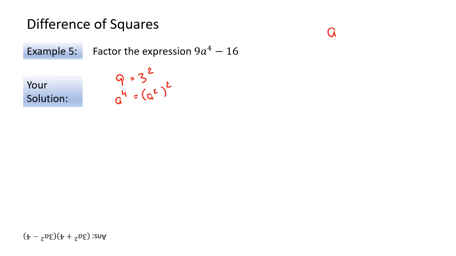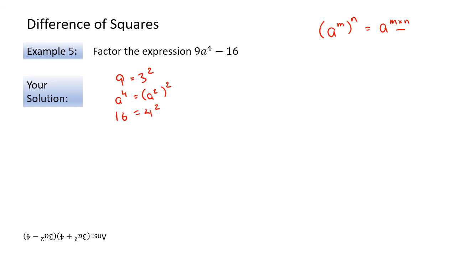Remember our rule for exponents: a to the exponent m, raised to the n, is equal to a to the exponent m times n. Okay, so when you have an exponent raised to another exponent, it's the same as multiplying those exponents together. Okay, so looking at the first two, we can see that they're different functions that are squared. And 16 is the same as 4 squared.